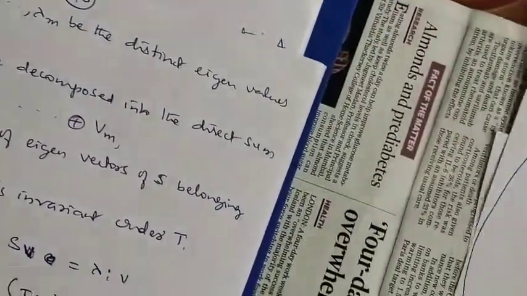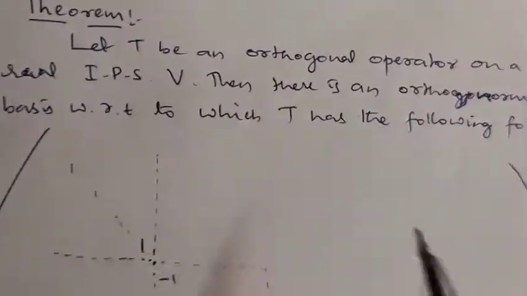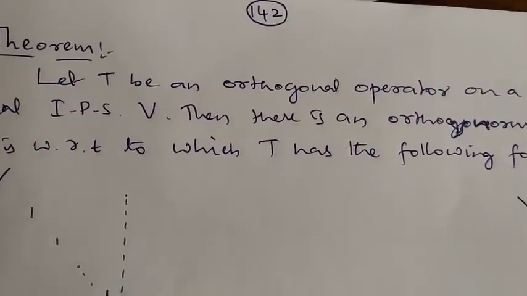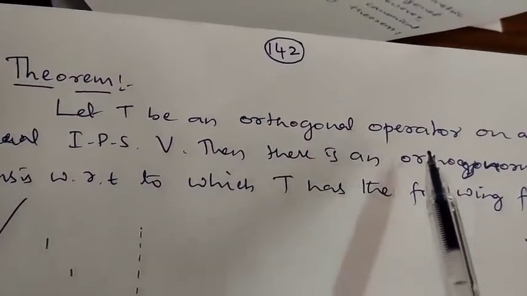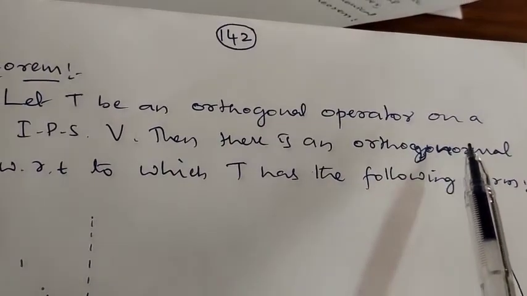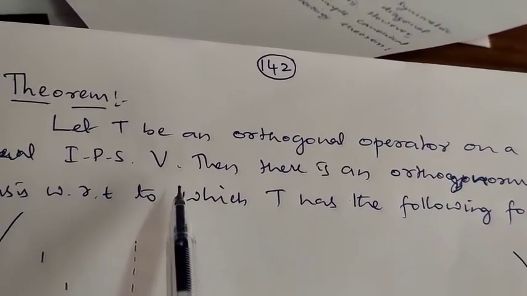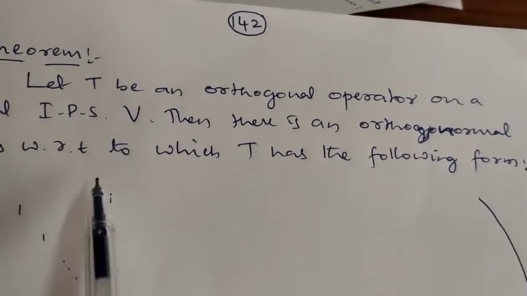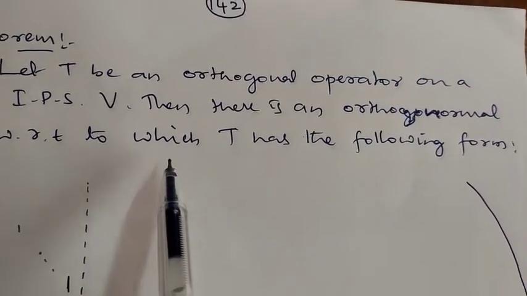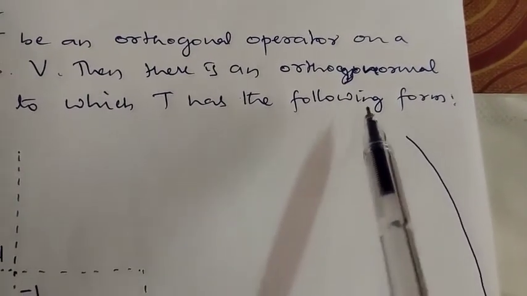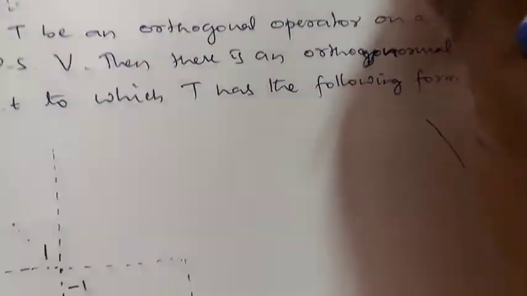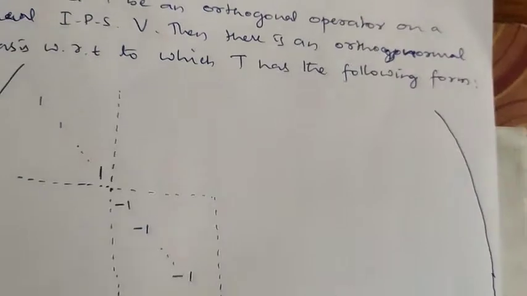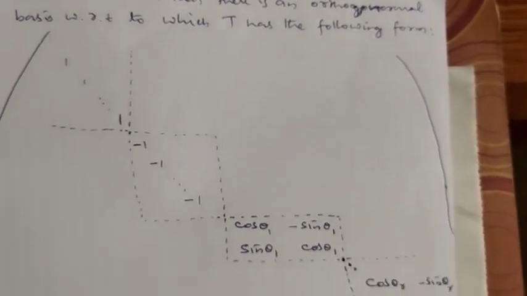If T is an orthogonal operator on a real inner product space V, then there is an orthonormal basis with respect to which T has the following form. This is a very big canonical form.